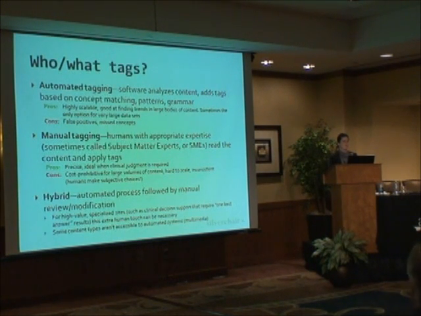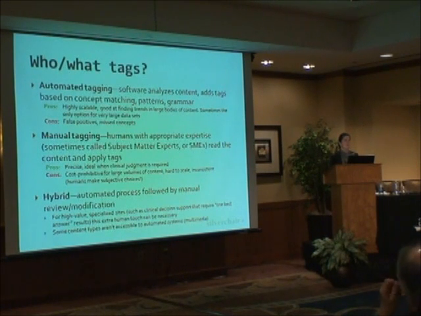If I had been talking to you, say, 4 or 5 years ago, I would probably be arguing that the only way to do this is human tagging. We've been tagging at Silverchair for about 10 years, and for many of those years we did use a purely human-driven method. But we have seen enormous strides in automation in the past few years. There's a lot of research being done in this area.